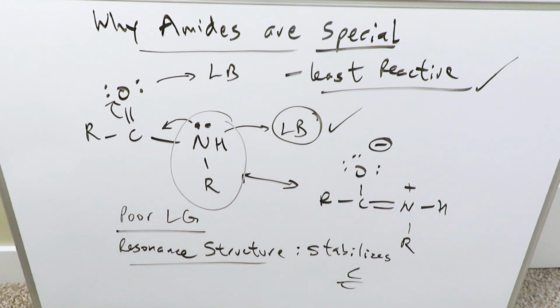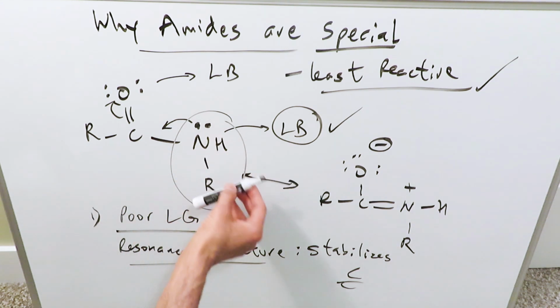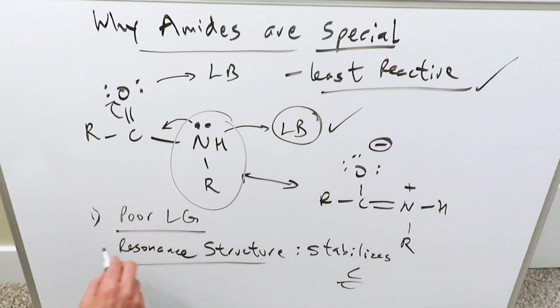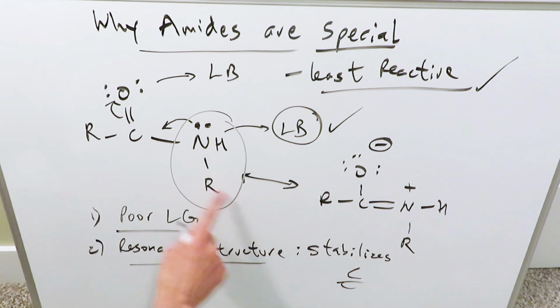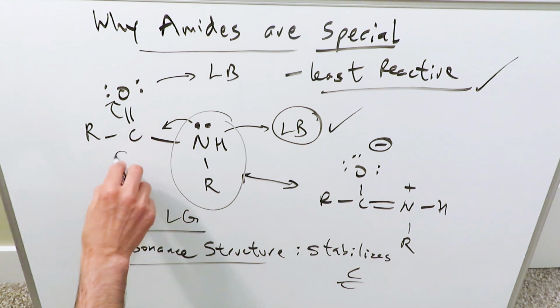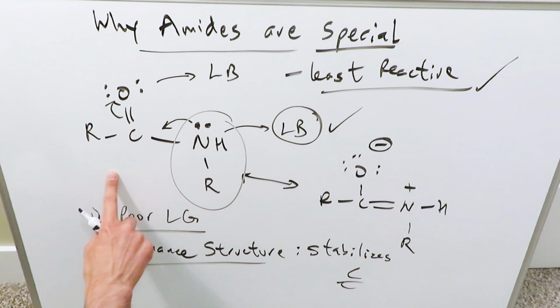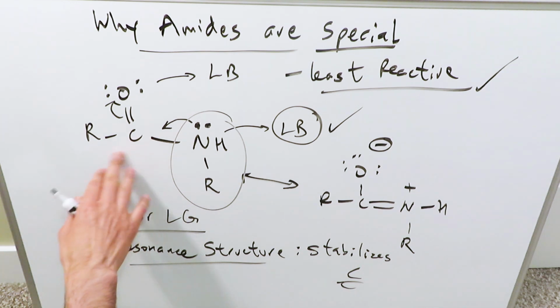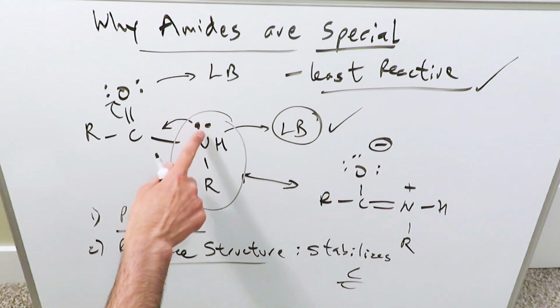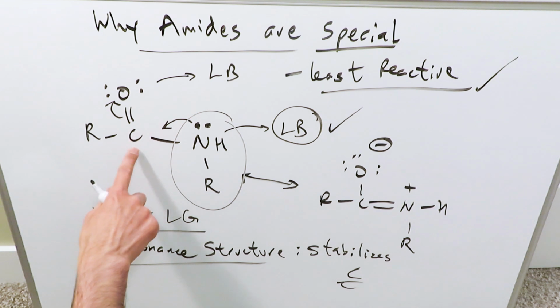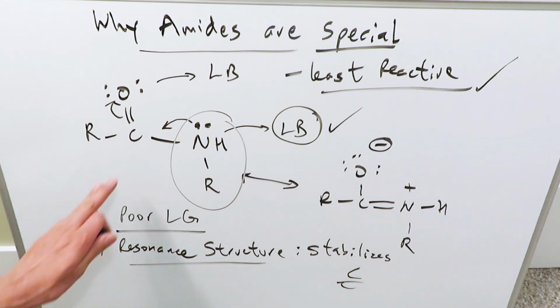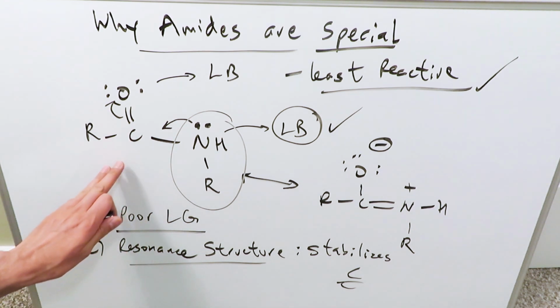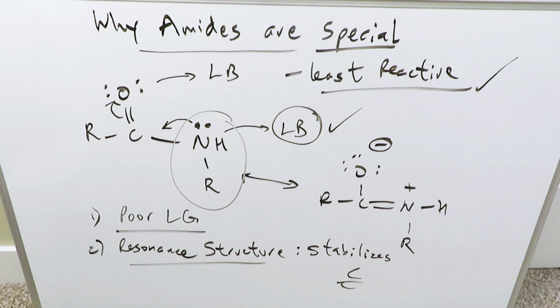These are perhaps the two most important things you need to know. One, the amine group, primary, secondary, tertiary amine, whatever it might be, is a poor leaving group, and the resonance comes into play and it stabilizes this carbon atom. And you're thinking it's partially deficient, you might as well remove it and think it's not a very reactive site. These electrons will come over here and stabilize the charge deficiency of this carbon and make this a less reactive site. In general, amides are very less reactive.